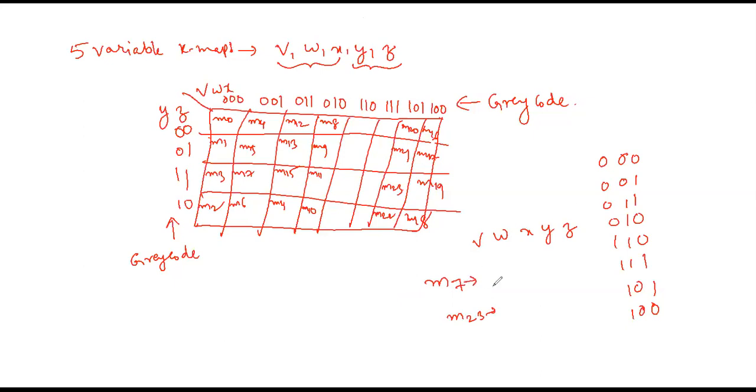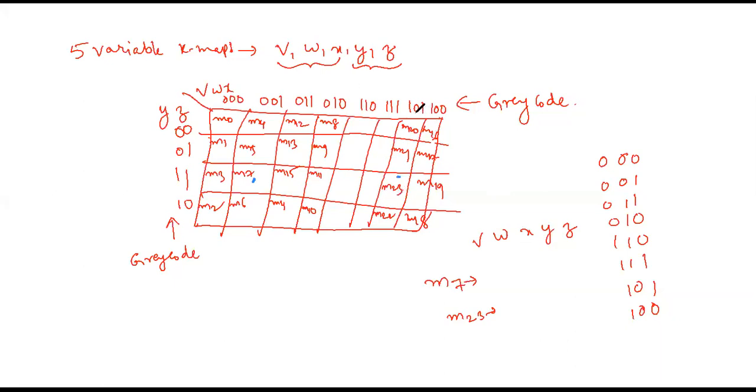Can you find out? M23 is this cell, M7 is this cell. Are these two adjacent cells or not? Adjacent means side by side. M7, M23 are adjacent. Yes.